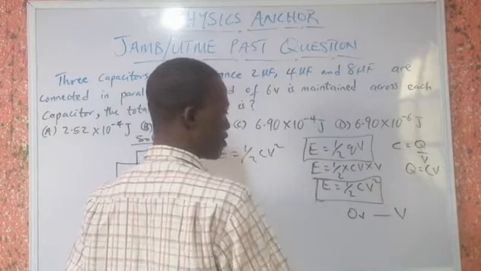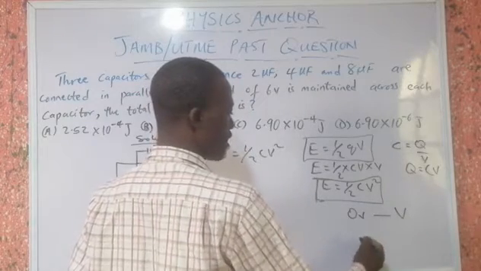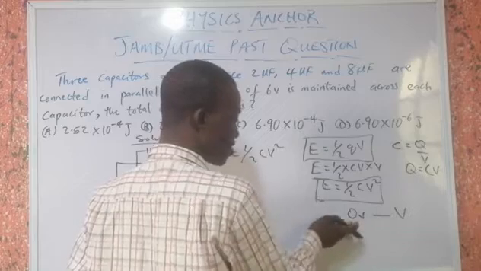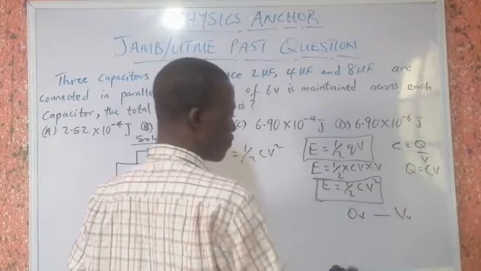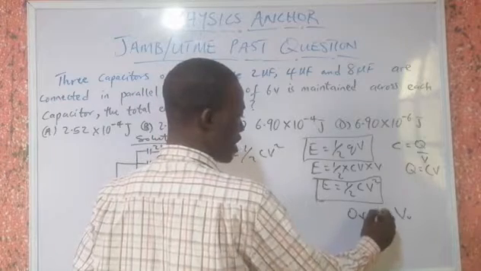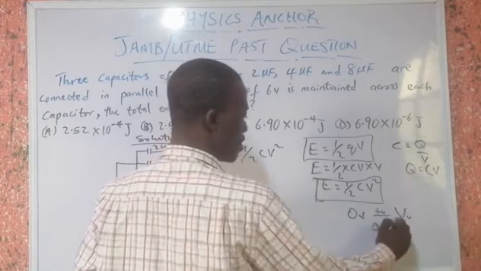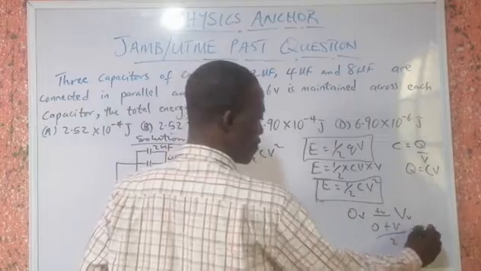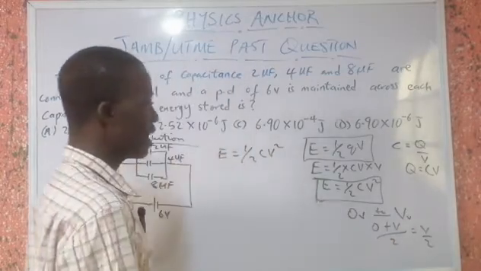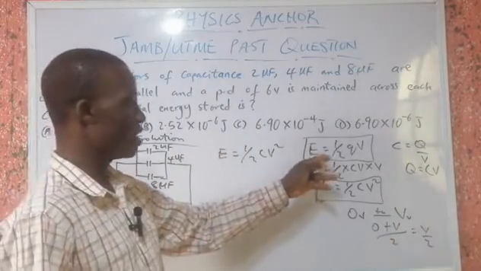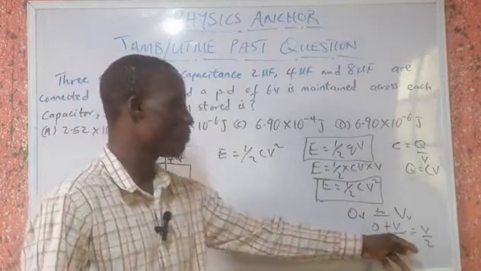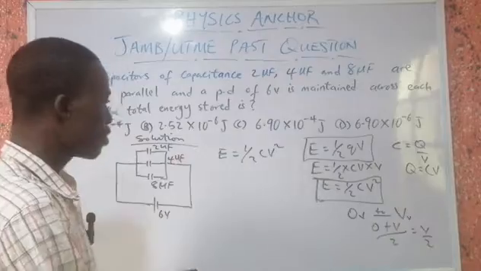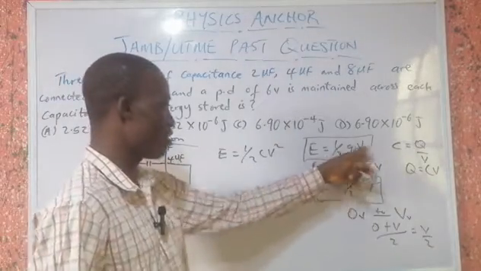Let us represent the final volt by V. The average is 0 plus V divided by 2, that's V over 2. The energy is QV, but because you are using the average potential difference, it's going to be half QV.